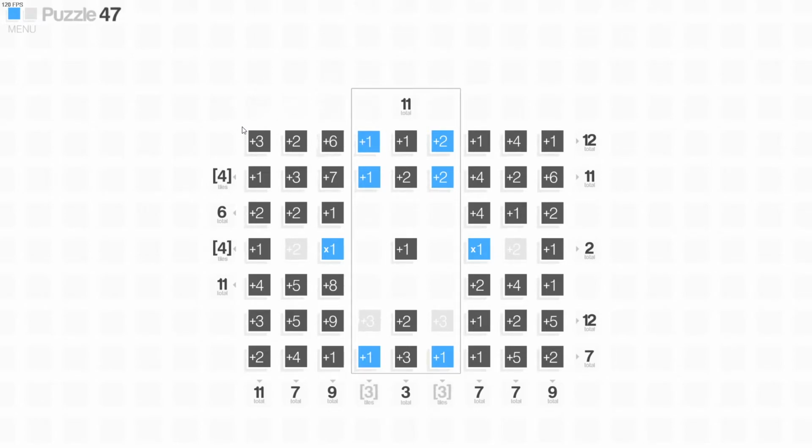Oh, there's a lot of ways we can make 12 here. But we do know that there's a 4 and a 6 here. And they have to be exclusive, because you can't have 4 plus this 3 and this 6 to make 12.